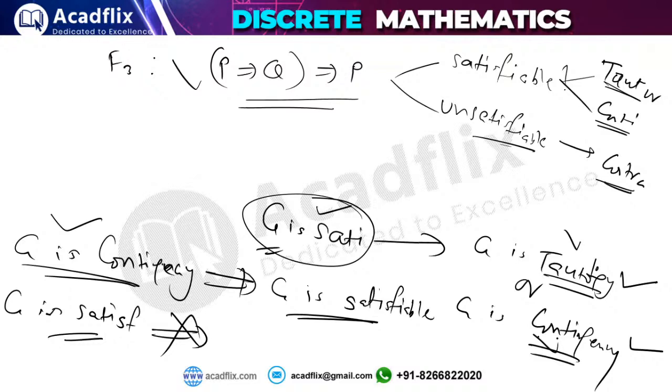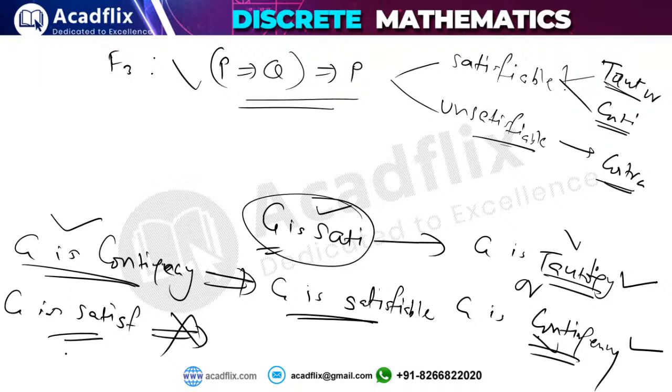But if your formula is satisfiable, then you cannot say that it is contingency, because it can also be tautology. Is this doubt clear, Devika?